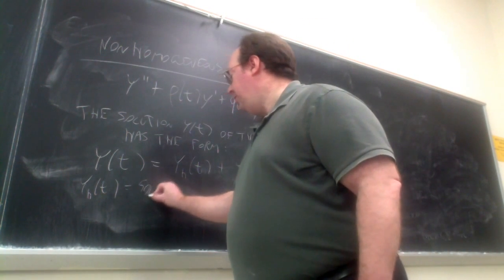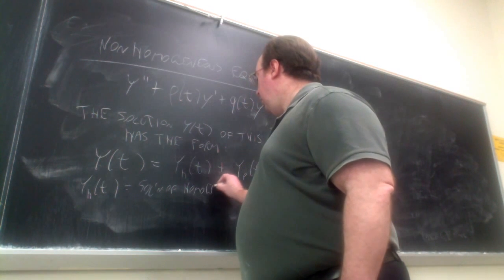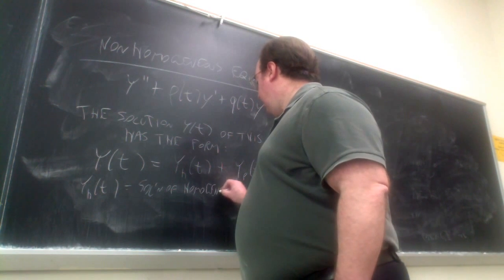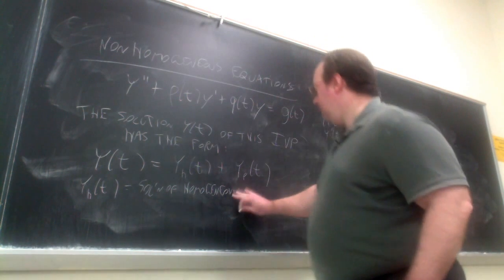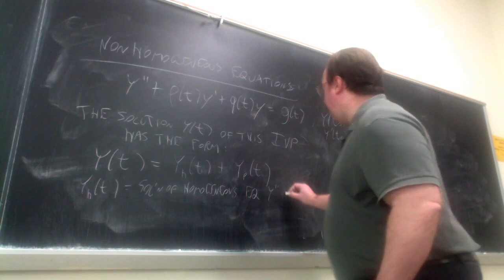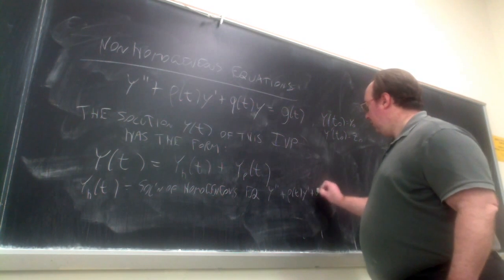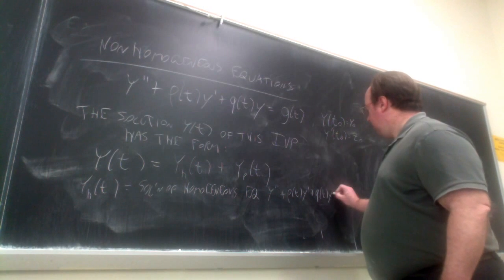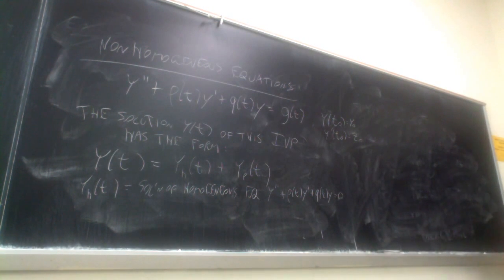That is a solution of a homogeneous version of this equation. So you just set the right-hand side equal to 0 again. Everything you used before to find a general solution, you're still going to go ahead and do that.